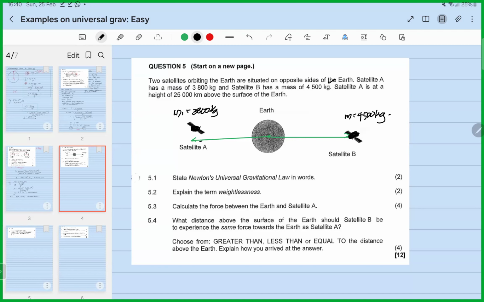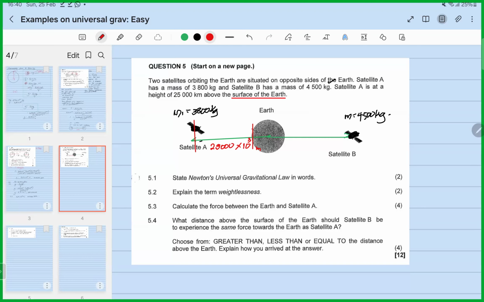Satellite A is at a height of 25,000 kilometers above the surface of the Earth. That means from there to the satellite, that's 25,000 kilometers. Converting that to meters, it'll be 25,000 kilometers multiplied by 1,000, which is 10 to the 3.